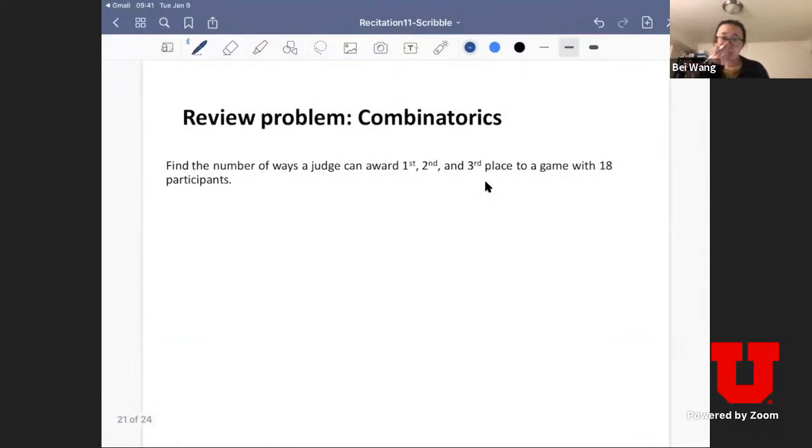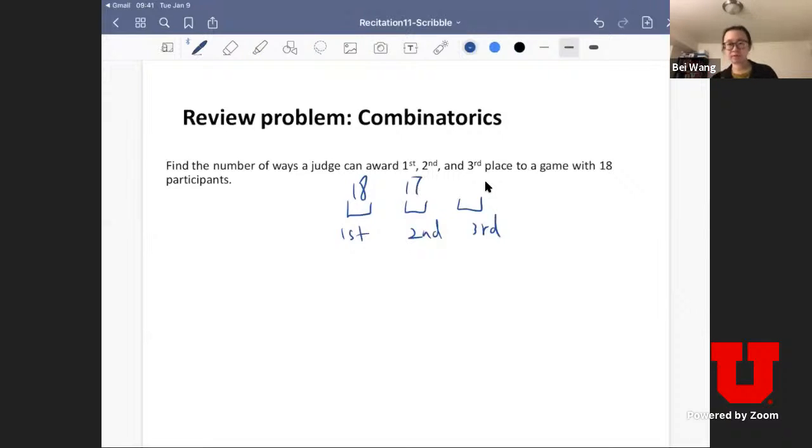The first example is: find the number of ways a judge can award first, second, and third place in a game with 18 participants. Again, please pause the video and try to solve this on your own. So how do we solve this? One way to think about this is that there are 3 spots I need to fill: the first place, second place, and third place. For the first place, I have 18 choices. When someone takes the first place, the remaining 17 people can potentially take the second place, so you have 17 choices for the second place.